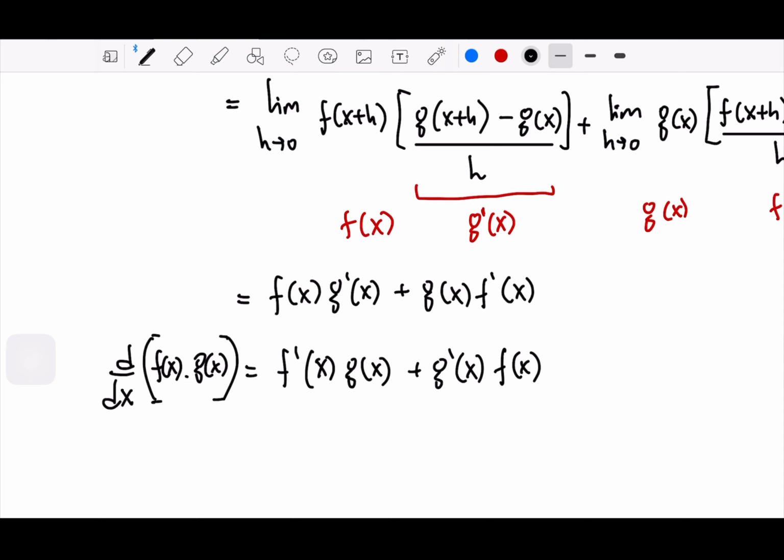But anyway, if you write f g prime, it is the same. And that's the product rule.